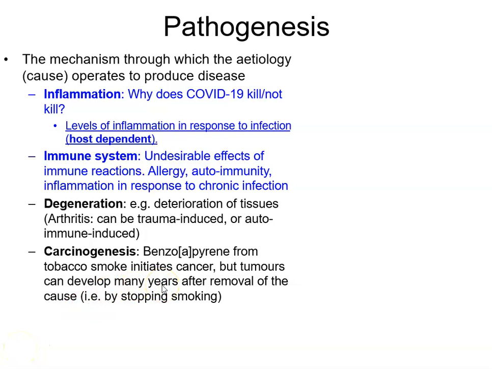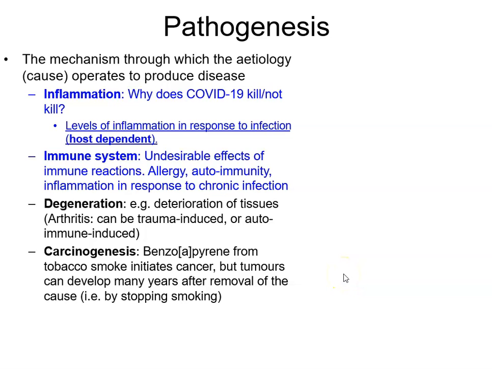When we're looking at cancer and pathogenesis, we talk about carcinogenesis. So carcinogenesis is the process of turning a normal cell into a cancerous cell. So if you take something like benzo[a]pyrene, it's a tobacco smoke mutagen. It mutates the DNA within normal cells. It starts to make them behave badly, overgrow, stop undergoing cell death, that type of thing.